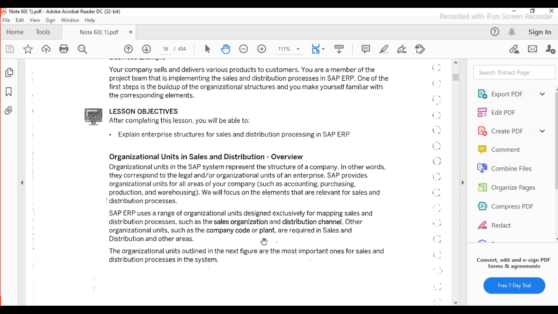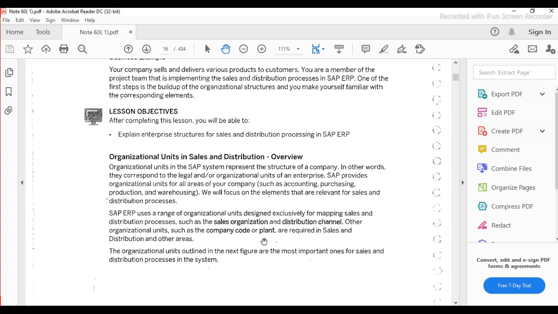So in every company there are different departments. How to map these departments into the SAP system: they are divided into various structures, various organizational units, and these we map into the system. So enterprise structure means the structure of organizational units that we map into the SAP system.